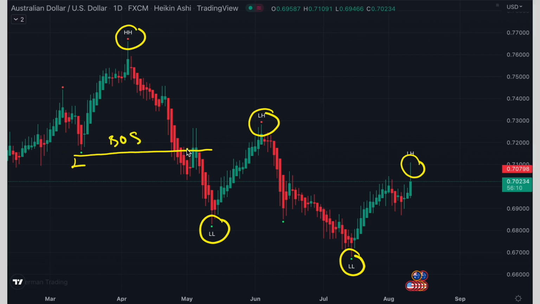Okay, now this is our order block, this level. See how the market goes down, comes back to the order block, and then continues its direction downward. So whatever orders there were over here, the market makers had to come back here to fill up all those orders.